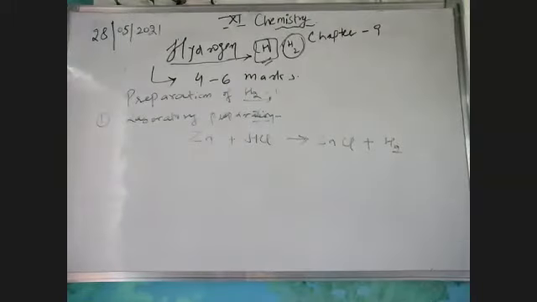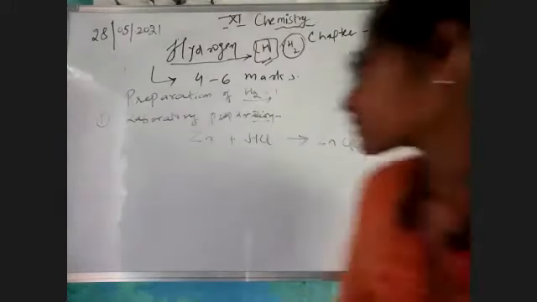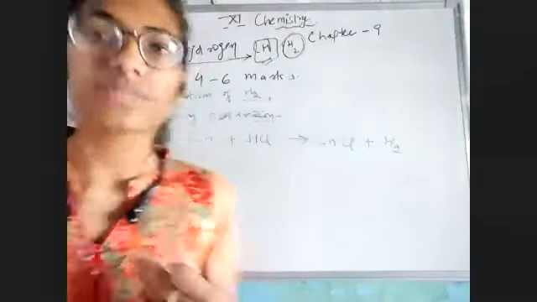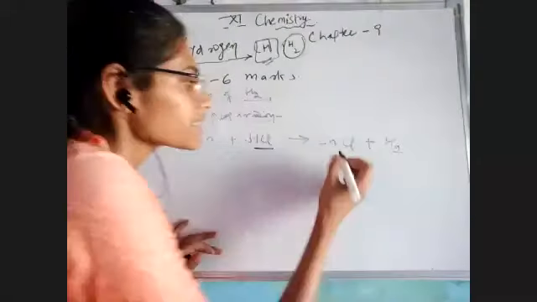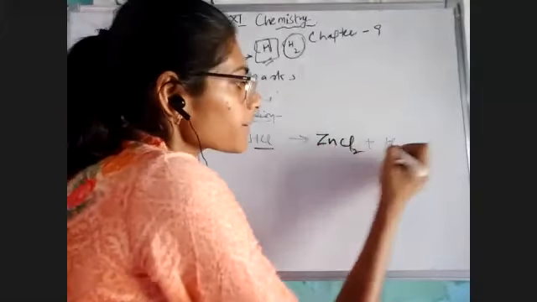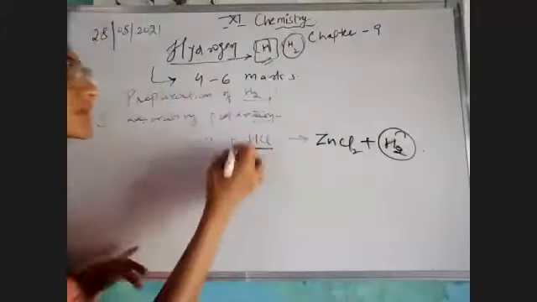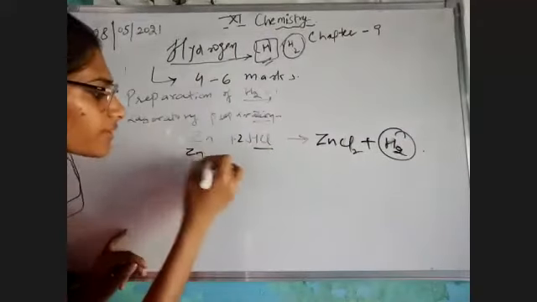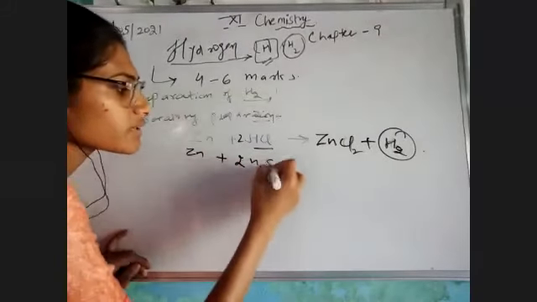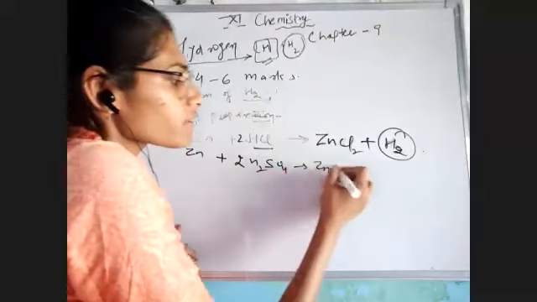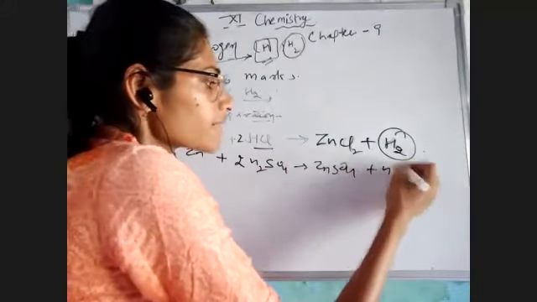Zinc reacts with any kind of acid and converts into zinc chloride plus H2. There is formation of H2 gas. Similarly, zinc with sulfuric acid would be converted into a salt plus H2.